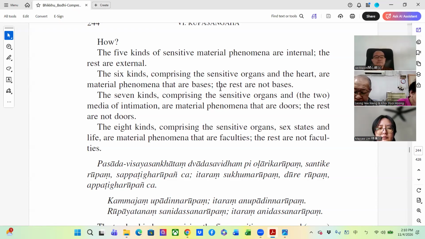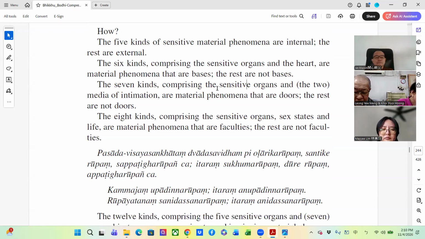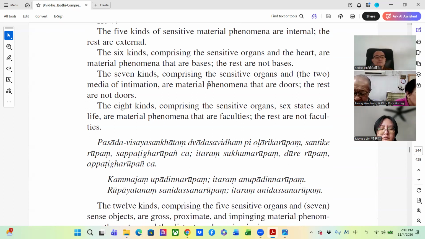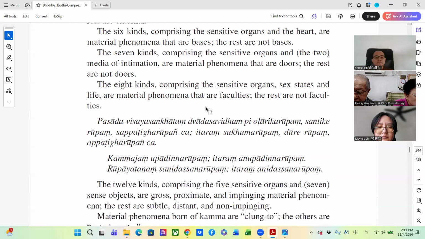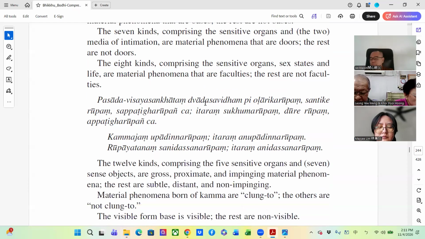The seven kinds comprising the sensitive organs and the two media of intimation are material phenomena that are doors. The rest are not doors. The eight kinds comprising the sensitive organs, six states, and life are material phenomena that are faculties. The rest are not faculties.